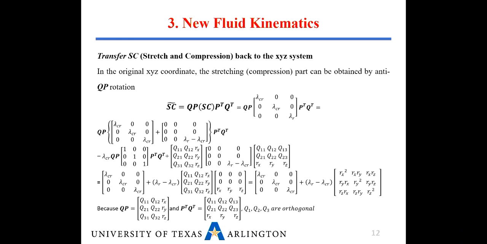That's the SC. For SC, we also need P and Q to come back. Well, we can see that. How do we do the compact P and Q, and what do we do? We see what happened. That's the stretching.